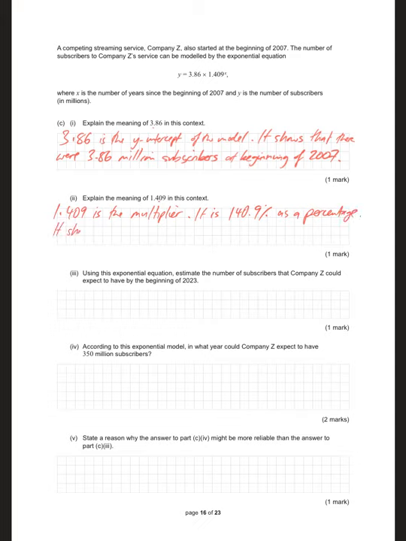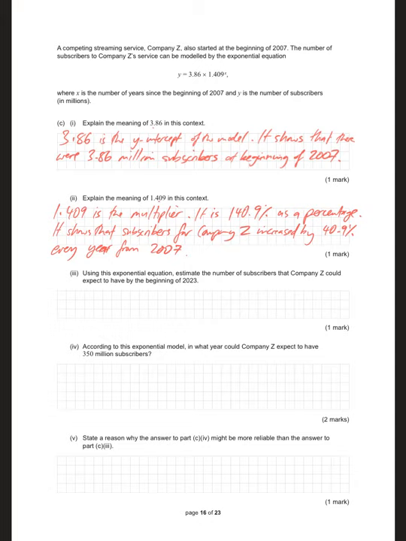It shows that subscribers for Company Z increased by 40.9% every year from when it started, which was 2007.